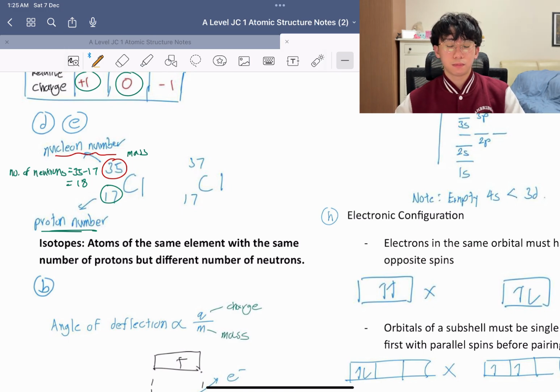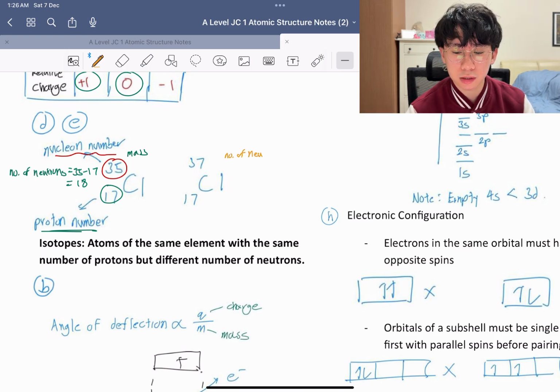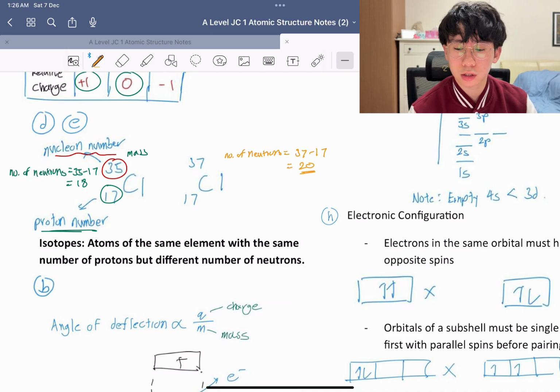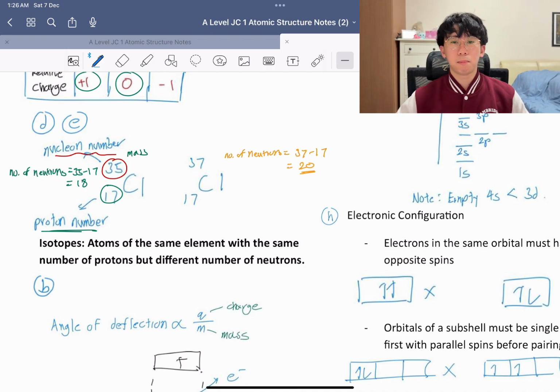And also here on the right, you'll see that there's actually another chlorine that has a different nucleon number, but it has the same proton number. And if we calculate, this chlorine has 20 neutrons.